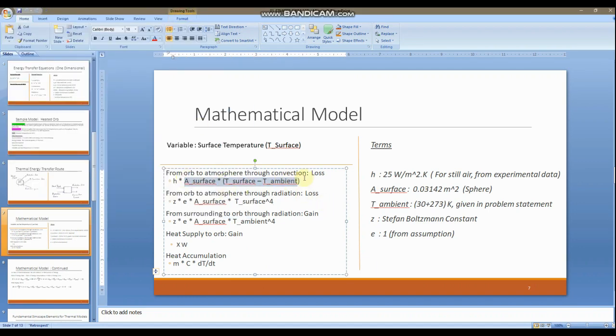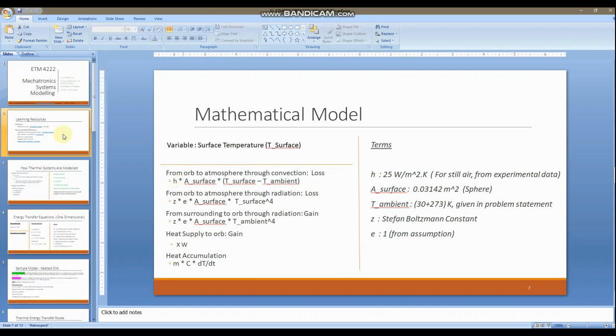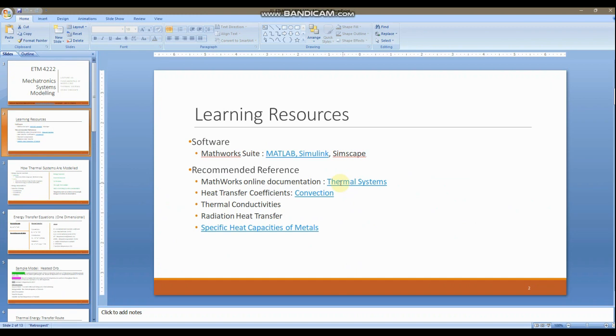These two terms will be quite straightforward. But as for the heat transfer coefficient, that needs to be found using a data sheet.